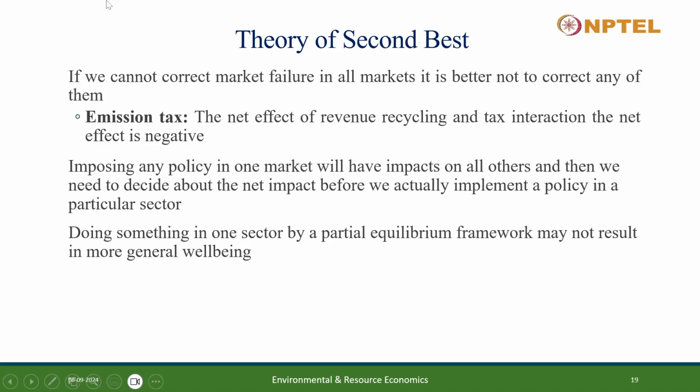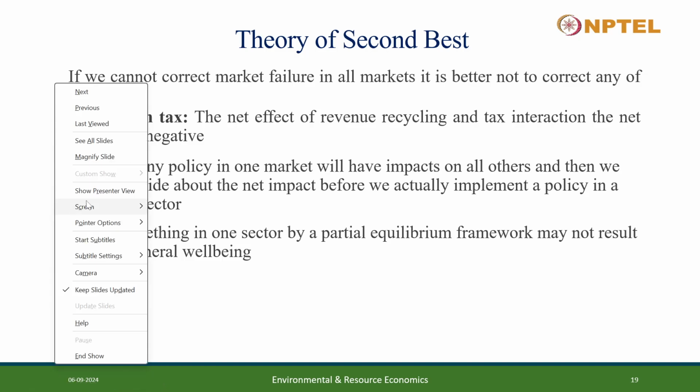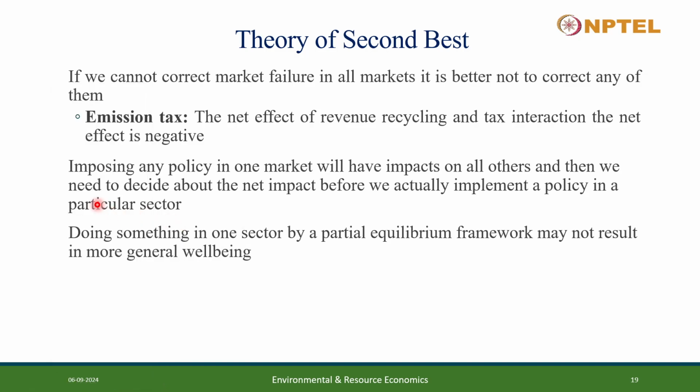That is what the theory of second best proposed. So imposing any policy on one market will impact all the others. Then we need to decide about the net impact before actually implementing a policy on a particular sector, because all the sectors are interdependent. So doing something on one sector by a partial equilibrium framework may not result in more general well-being.